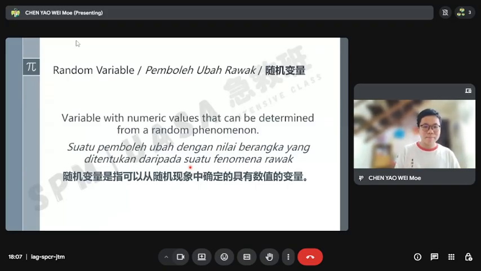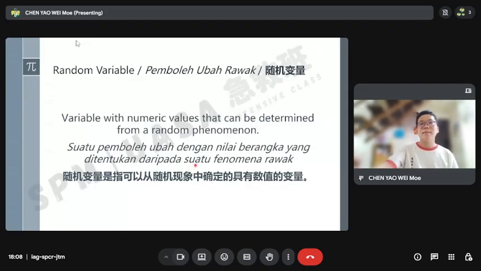But today, if let's say 10 people here, who is wearing glasses, I don't know, but I know maybe 10 people can wear their eyeglasses. That is called a random variable. A random variable is a variable with numeric values that can be determined from a random phenomenon.